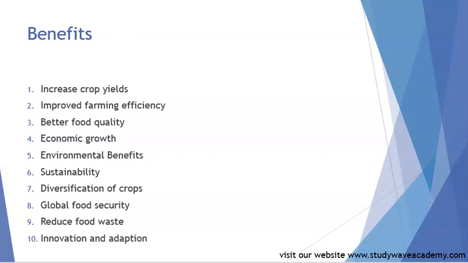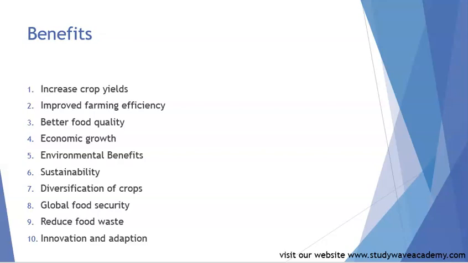Benefits of agricultural technology: increase crop yields. Agricultural technology such as improved seeds and farming machinery helps farmers produce more food. This means we can feed more people and reduce the risk of food shortage, right?